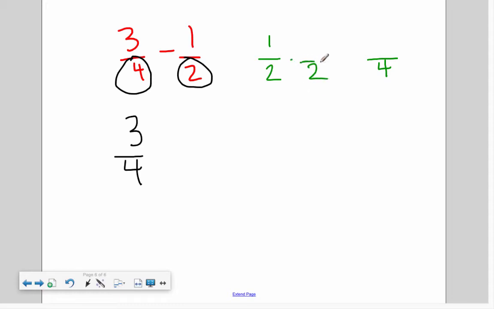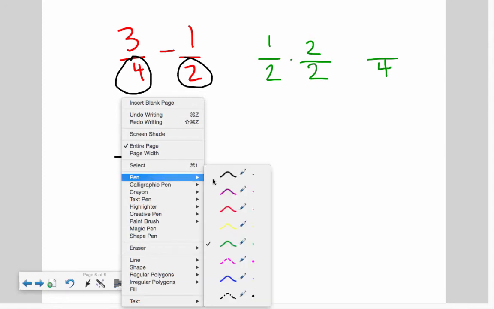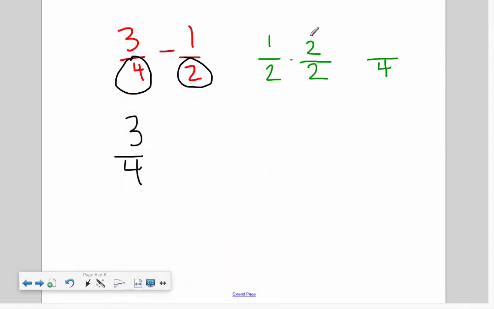You can't multiply a fraction by 2 on the bottom without also multiplying by 2 on top. The reason for that is if you look at 2 over 2, you're really just multiplying by 1. 2 divided by 2 is 1. So to multiply a fraction by 2 over 2 is really to just multiply it by 1.